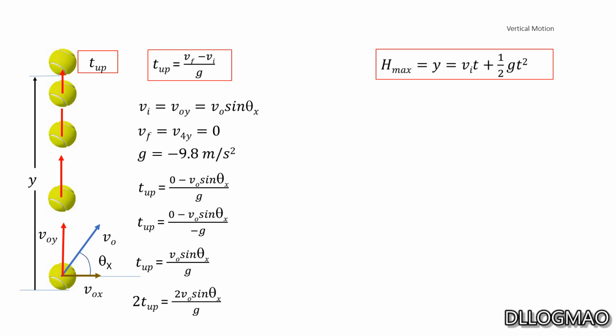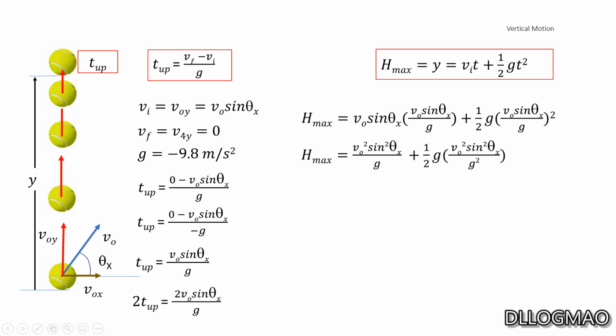For the maximum height reached by a projectile, which is equal to the highest vertical distance covered by a freely falling body, substitute the initial velocity and time obtained earlier. h sub max is equal to the sum of the product of v sub 0 sine theta sub x and the ratio of the product of v sub 0 and sine theta sub x and acceleration due to gravity, and half of the product of acceleration and the square of the ratio of the product of v sub 0 and sine theta sub x and acceleration due to gravity.